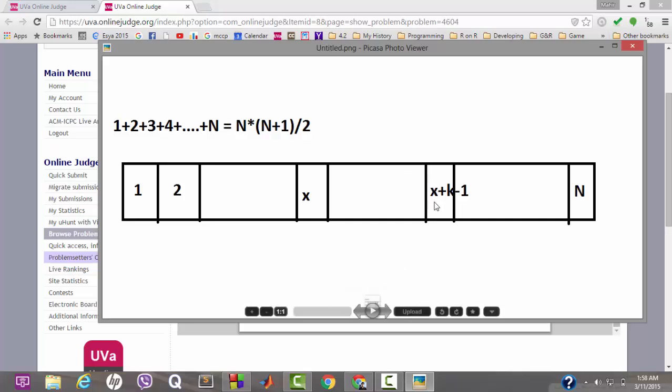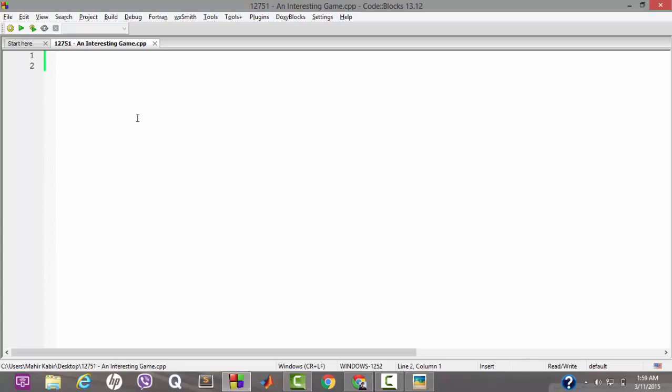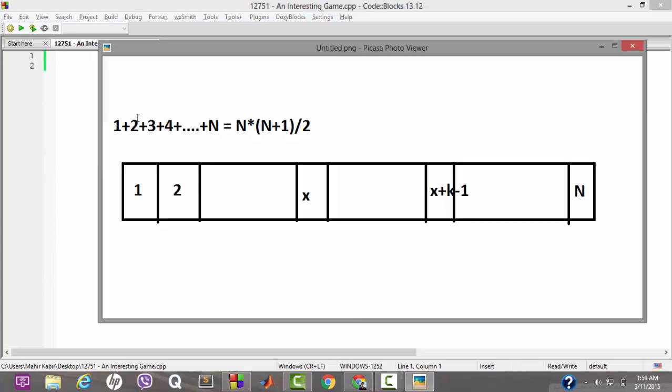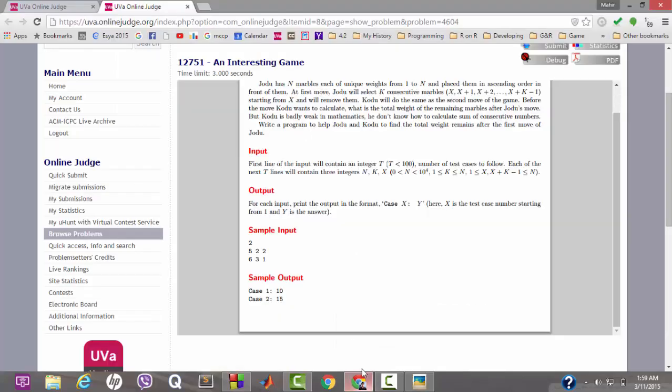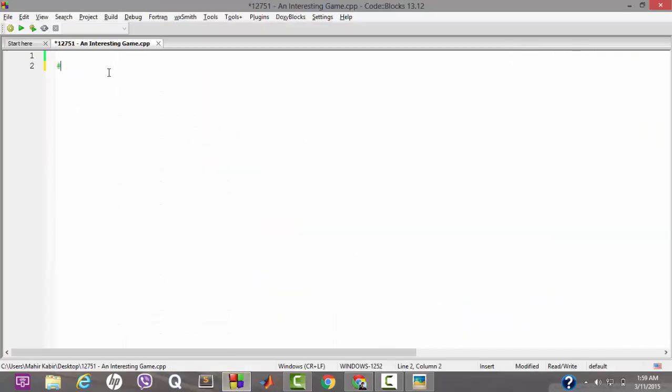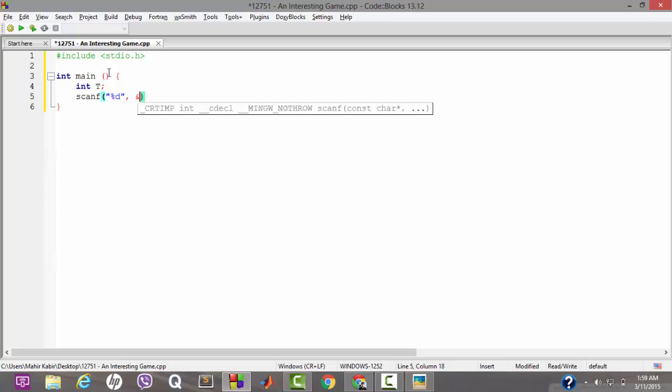In order to find that summation, let's start coding, and soon we will find out how I'm doing this. At first we'll take the test case number as input, then we will run a loop.